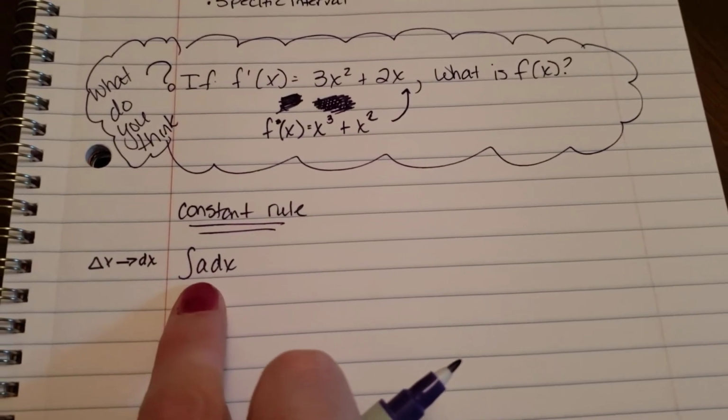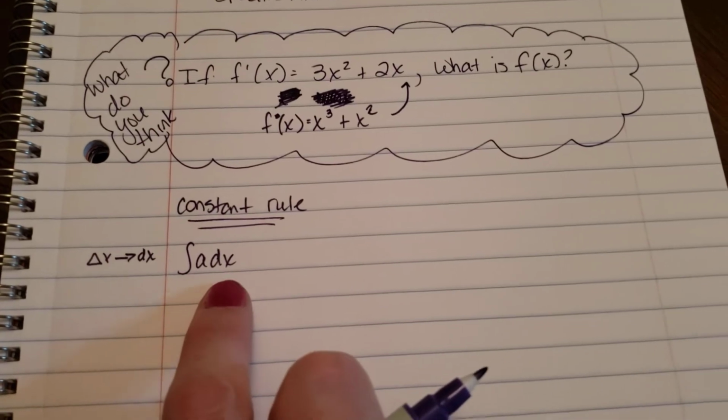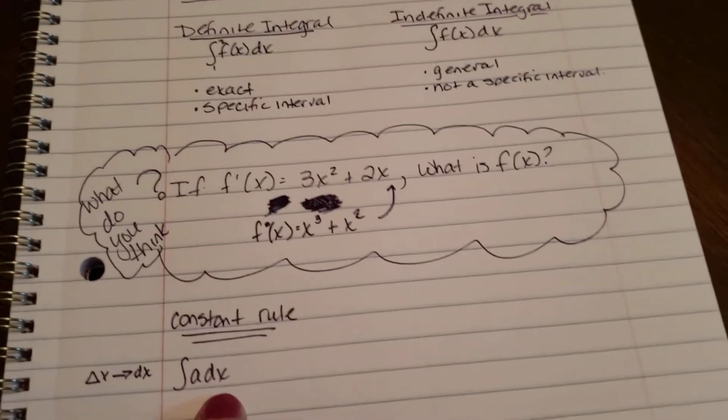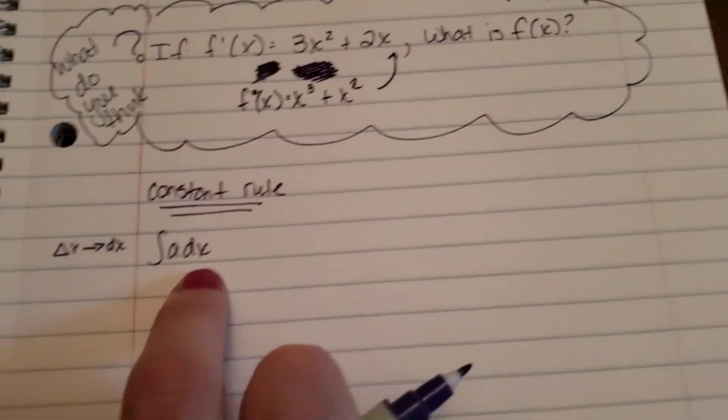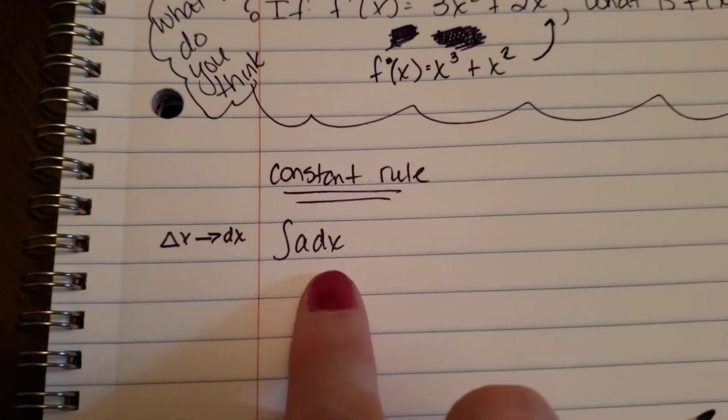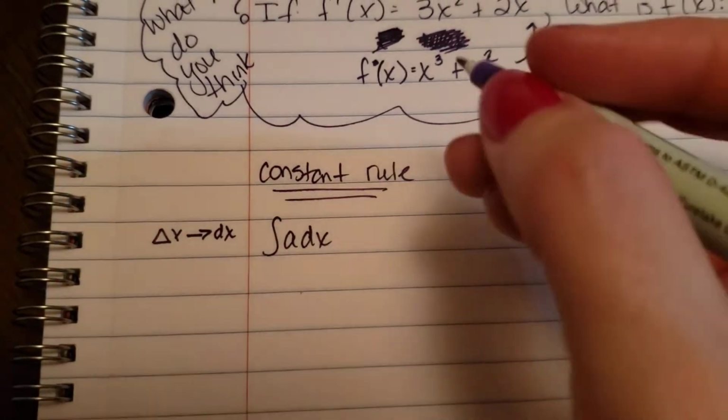So we're always taking the function and multiplying it times the base of our subinterval. But in this case, our subinterval is so tiny that instead of calling it delta x, we call it dx.